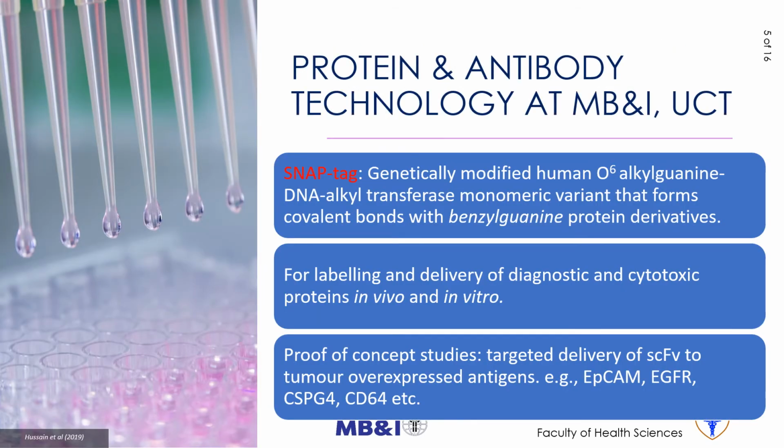In our lab here at UCT, we specialize mainly in SNAP-tag technology, where SNAP-tag is a genetically modified human alkylguanine DNA alkyltransferase, a monomeric variant that forms a covalent coupling with benzyl guanine derivatives, such that any diagnostic or cytotoxic protein labeled with BG can easily conjugate to the SNAP-tag in order to be delivered to the cognate cell surface receptors.